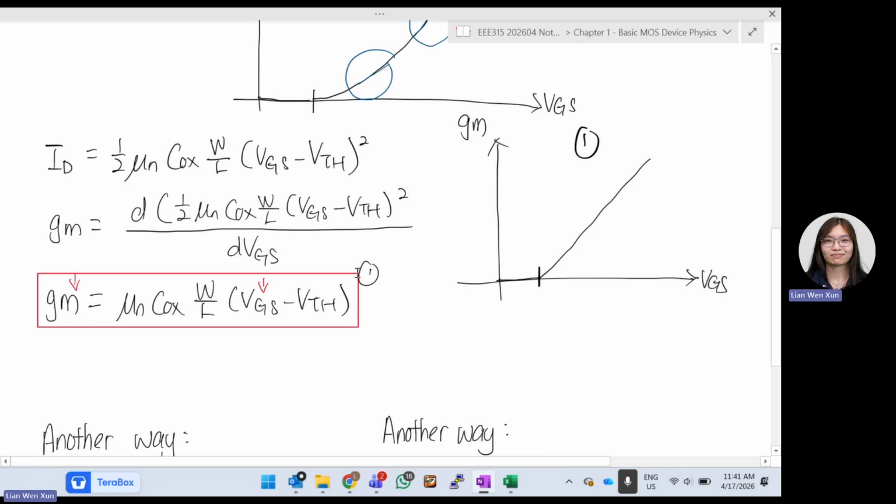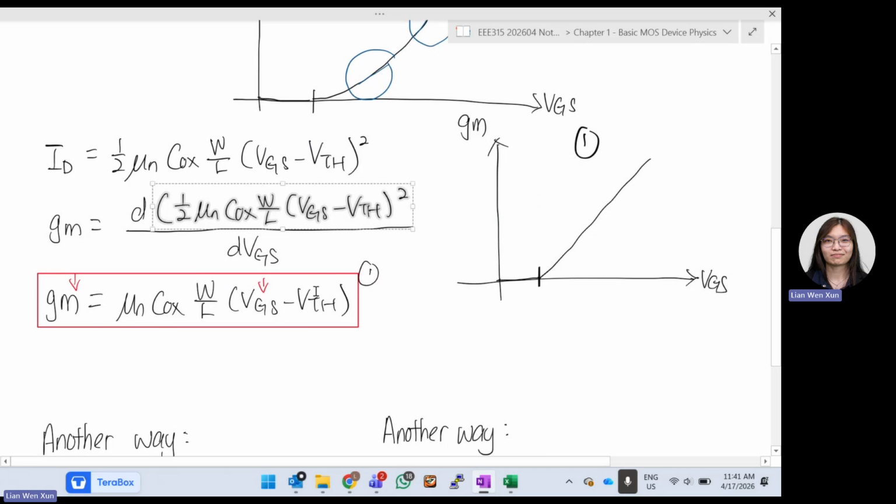So now we get our GM to be mu n Cox W over L, VGS minus VTH. We just derive this term with VGS.